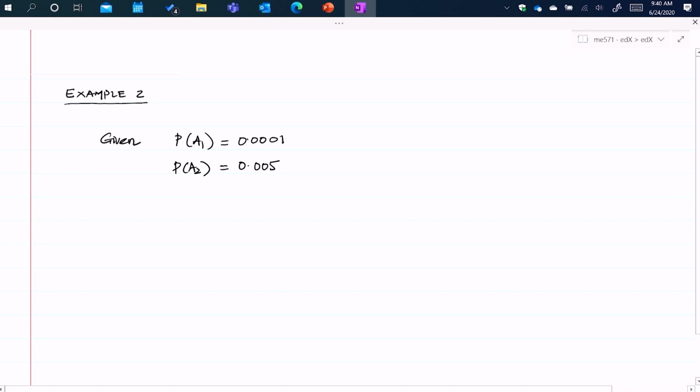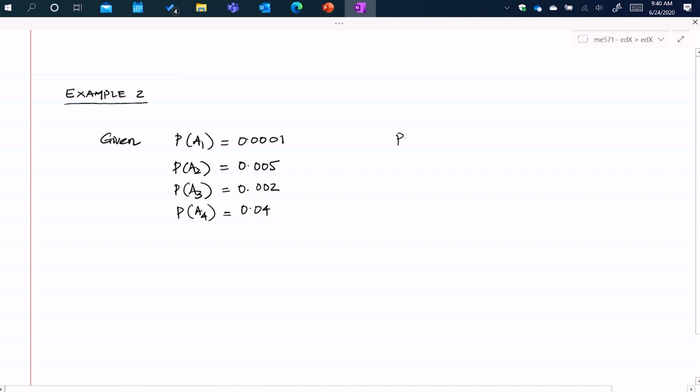The probability of solar radiation occurring is 0.0001. Probability of cloud cover occurring is 0.0005. That's how these probabilities have to be interpreted. And the third event, the probability of event A3 occurring is 0.002, and that's the receiver electronics failure. And probability of event A4 is 0.04.